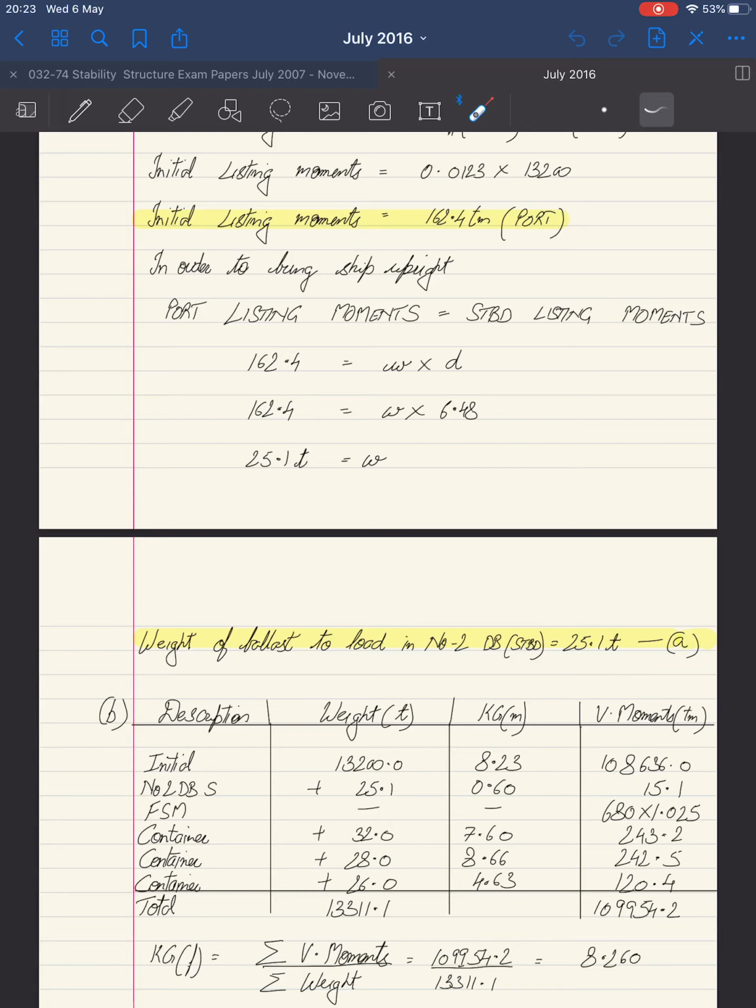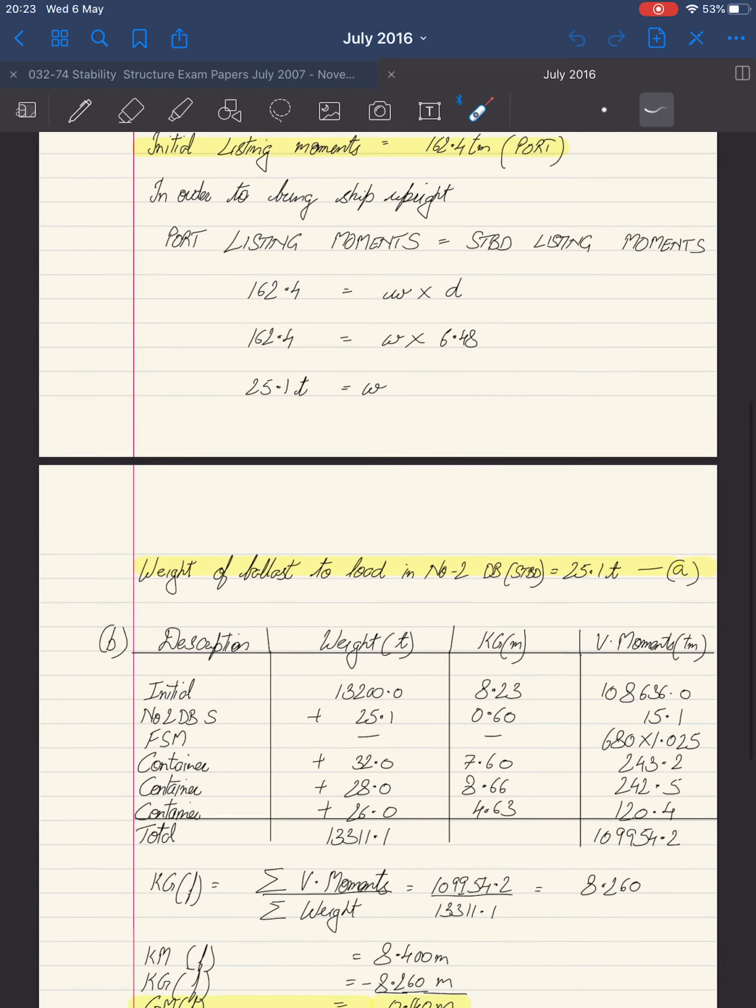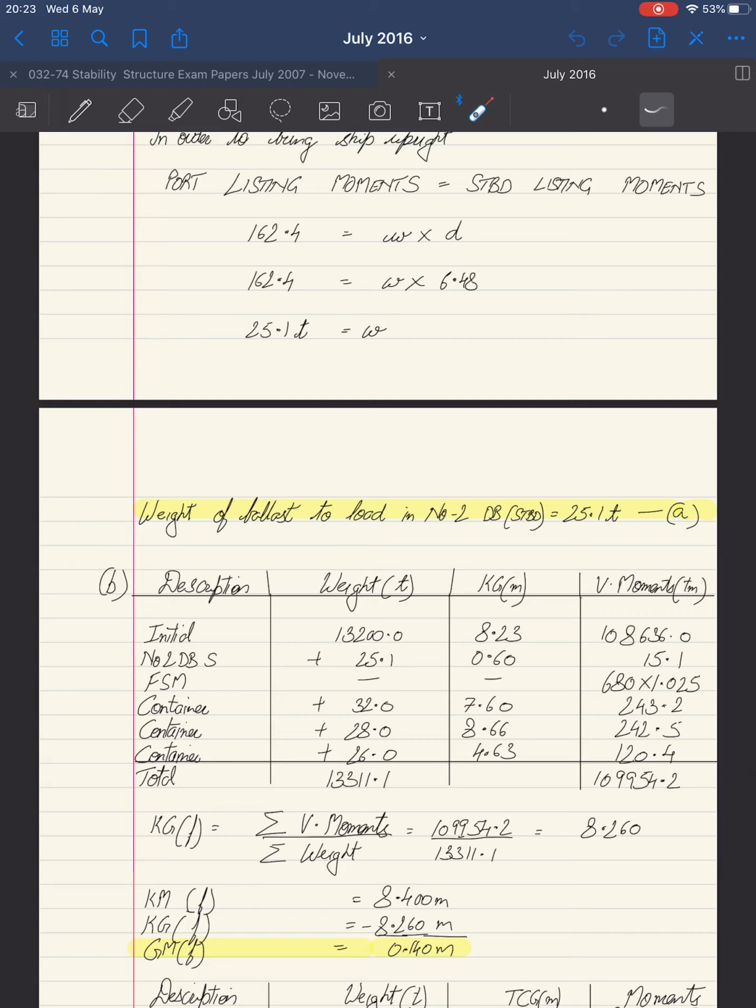Now to calculate the B part, we'll make a KG table which has the columns as description, weight in tons, KG in meters, and vertical moments in tons meter. We'll make our initial entry, which is the initial weight of the vessel, 13,200 tons, and KG of the vessel, 8.23 meters.